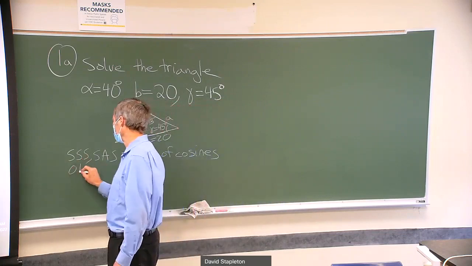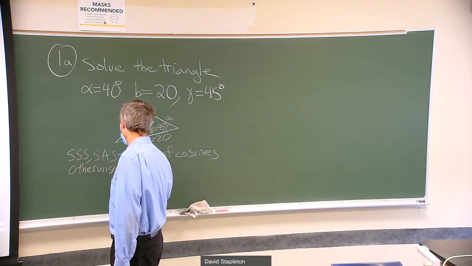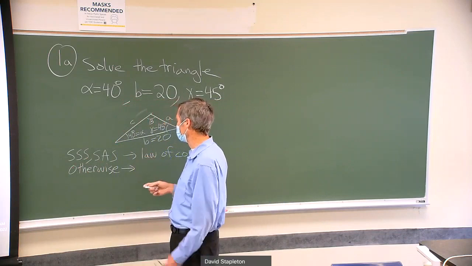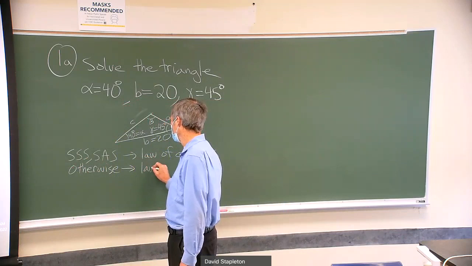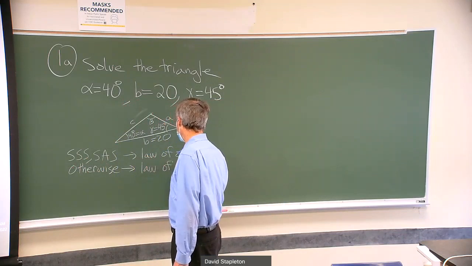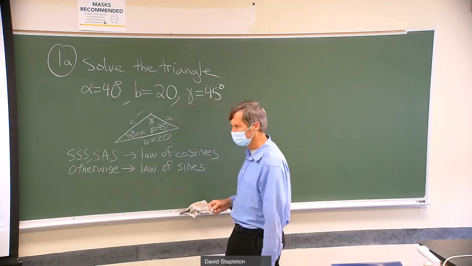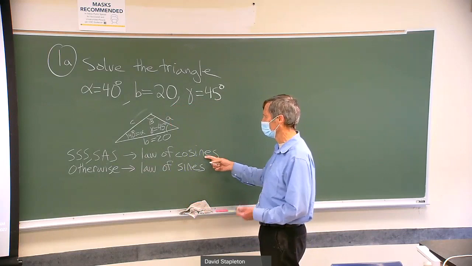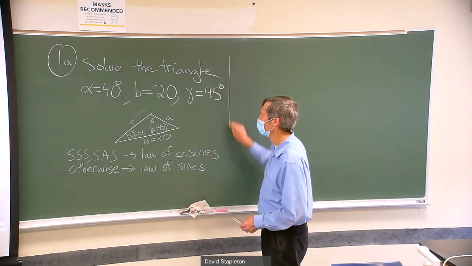So we'll do the otherwise. Go to the law of sines, because the law of sines will give you an equation with all but one quantity known that you can then solve for. But every triangle to solve will be one of these two rules. Don't use the Pythagorean theorem. That only applies to right triangles, right? The law of cosines was a generalization of that. Use the law of cosines instead of the Pythagorean theorem.